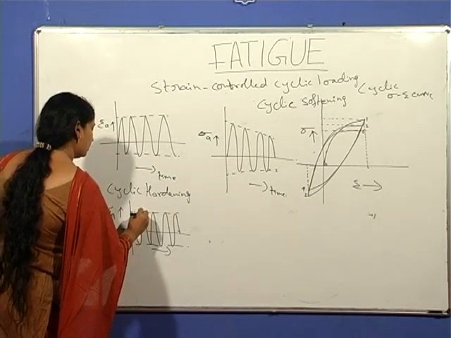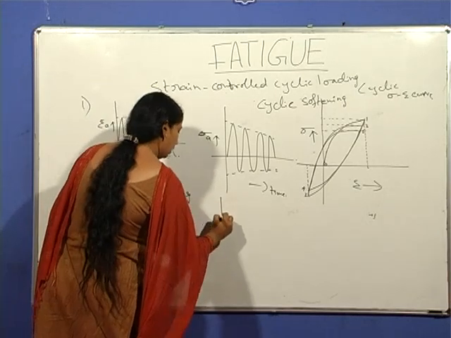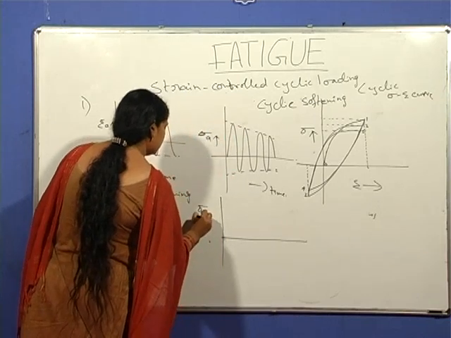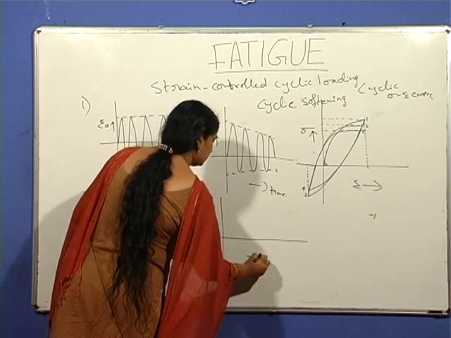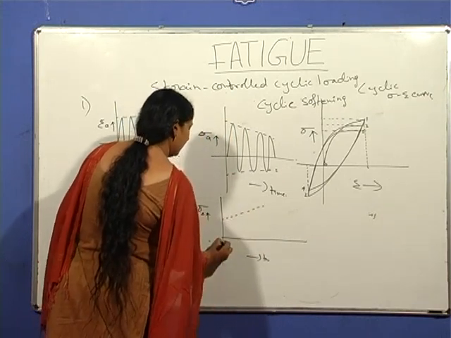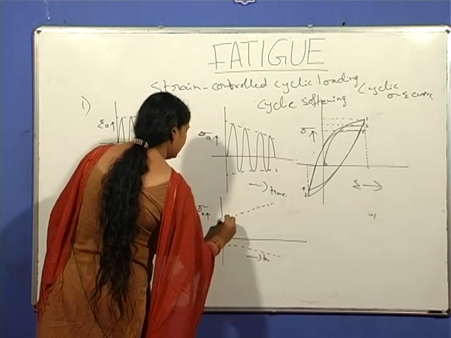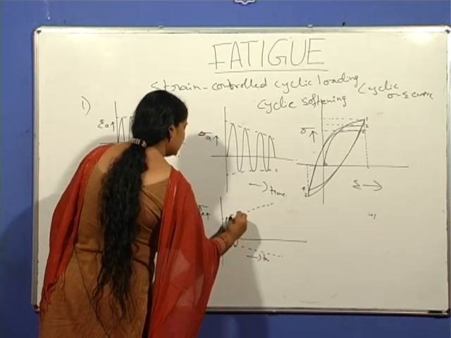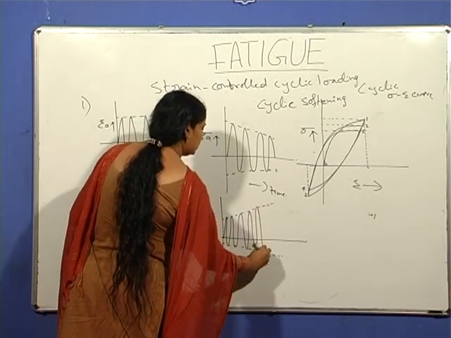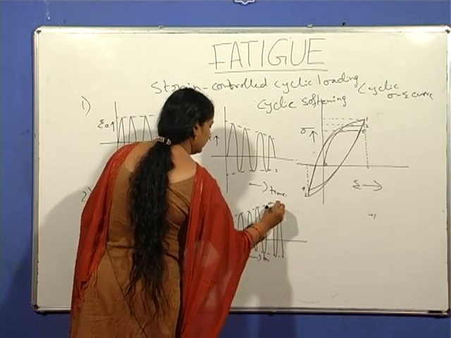The response of the material is the stress amplitude with respect to time. The material undergoes hardening. So this is the material response for a soft, annealed material when it is subjected to strain controlled cyclic loading.